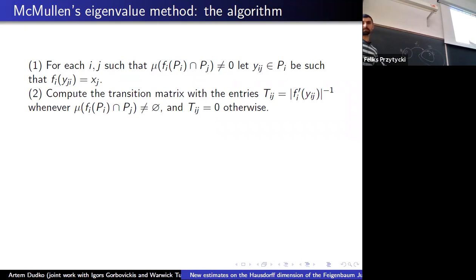And based on these new points, we can compute the transition matrix with entries Tij equal to the derivative of Fi at this point yij raised to power -1. And we set Tij to zero if Fi of Pi does not intersect Pj, essentially.